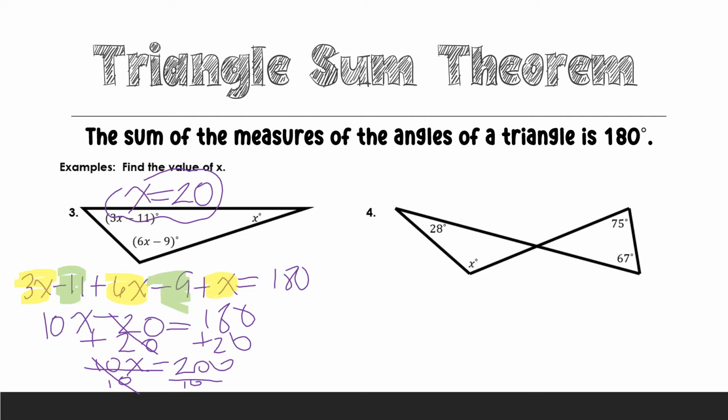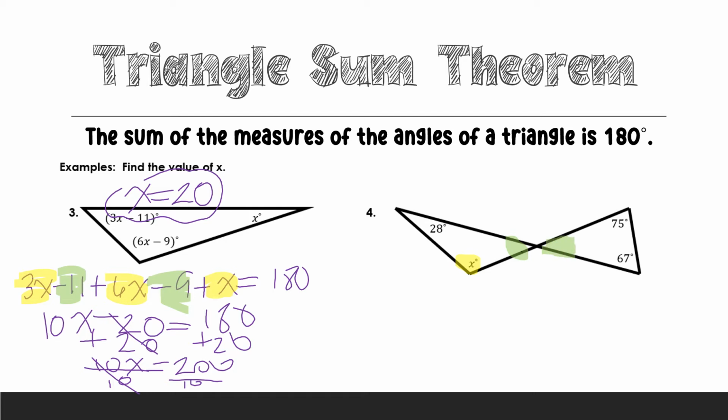All right, for our fourth example, we have x, which is over here in the bottom left-hand corner. As of right now, we're missing another angle as well. We're missing this angle right here. I can't really find x until I find that angle measure. What I do know is that angle is a vertical angle to the angle opposite, which is this one right here.